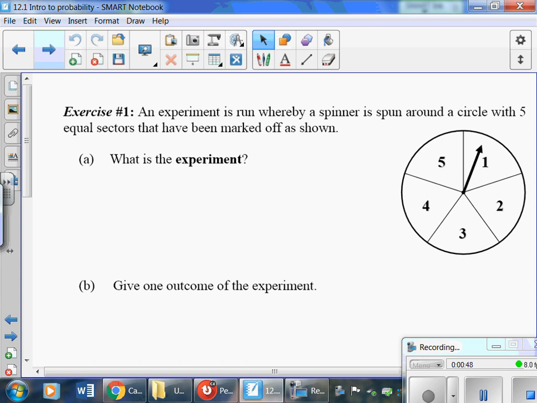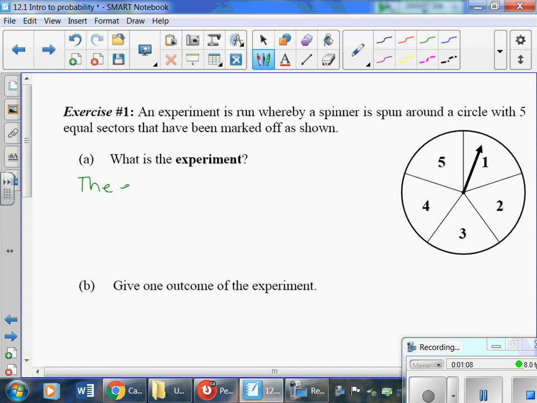So exercise 1. An experiment is run whereby a spinner is spun around a circle with 5 equal sectors that have been marked off as shown. So what is an experiment? What is the experiment? Here is the experiment.